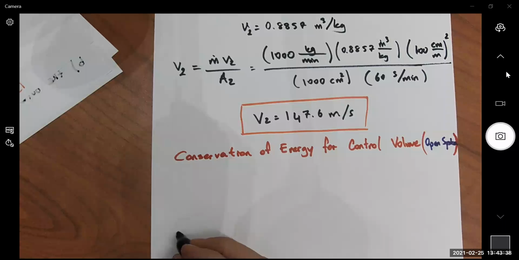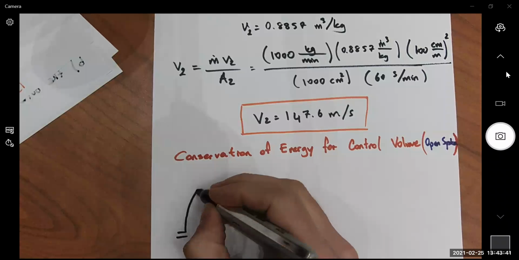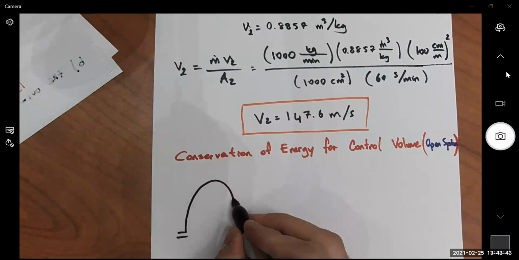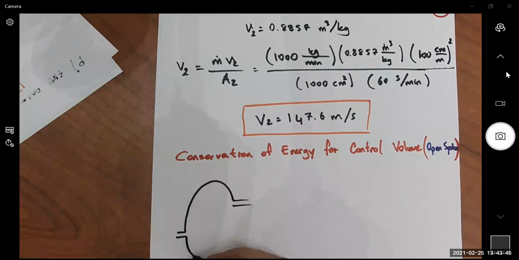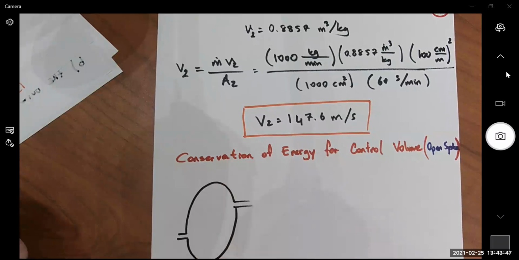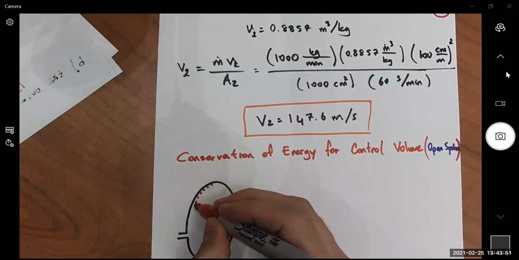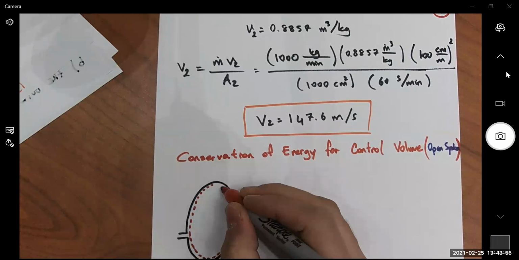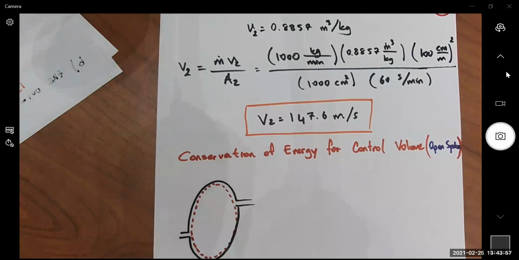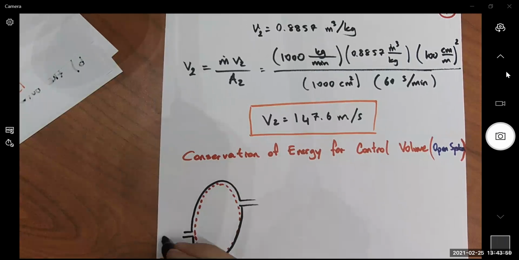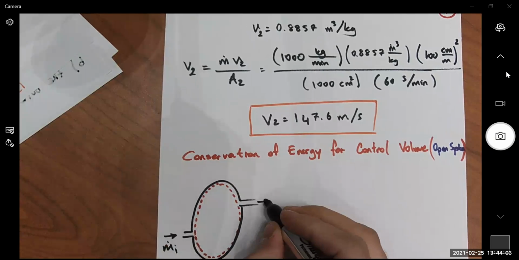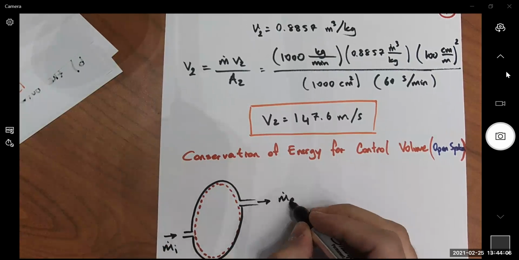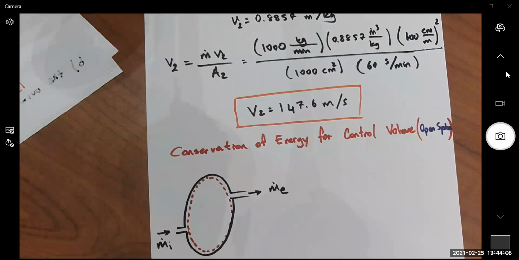For an open system with one inlet, one outlet, there is mass flow rate entering the system and mass flow rate at the exit.